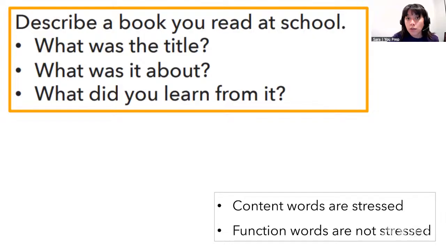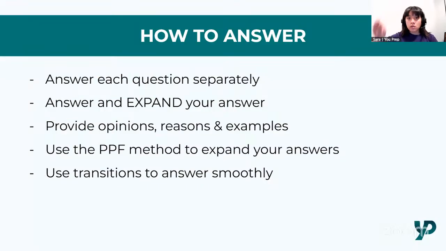The title was The Midnight Library. This book was about a girl who got into depression and she decided to end her life. And then we can continue with the plot of the story. I learned from this book that it doesn't matter how many lives you want to get, there is only one life, and it is worth living it. So answer each question. Then you can expand your answers.